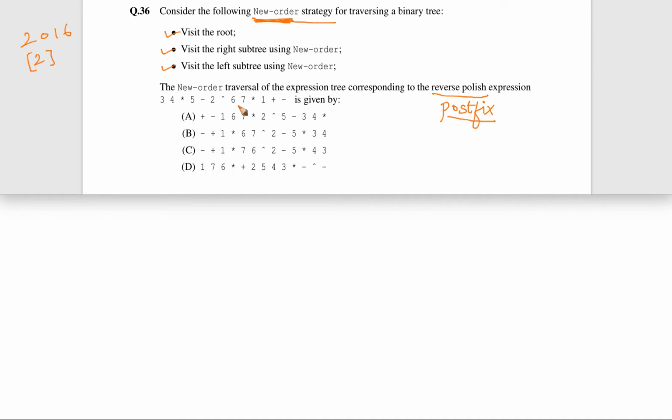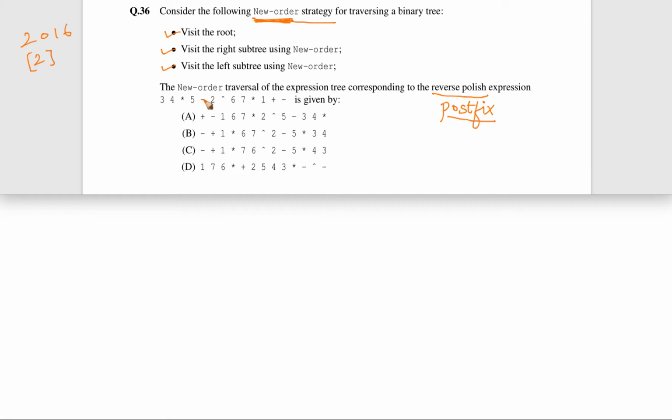Now what we have to do is that whatever the expression tree is there for this particular reverse Polish notation, so the corresponding expression tree which exists for this reverse Polish expression, we have to find the new order traversal of that. And what is the new order traversal? Which is defined in the way as in the given question.